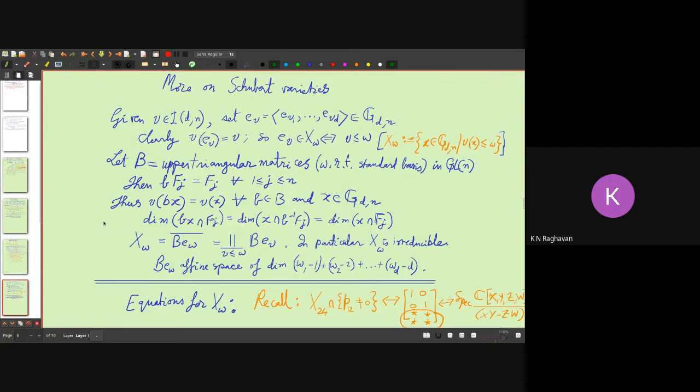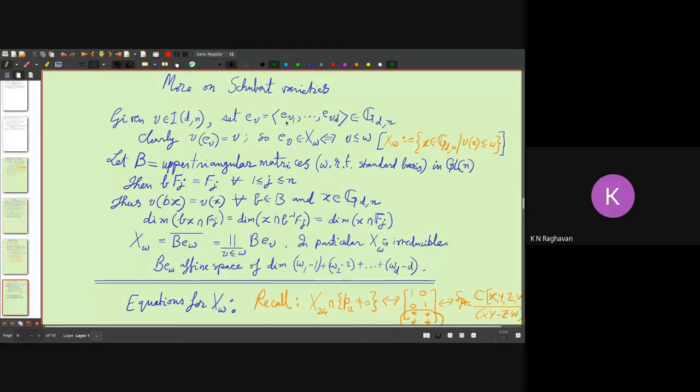Okay, a little more on Schubert varieties before we move on. Given V in I(d,n), I'm now going to define this special point EV, and that is just the span of E_V1 through E_Vd. These are, remember, the standard basis vectors.